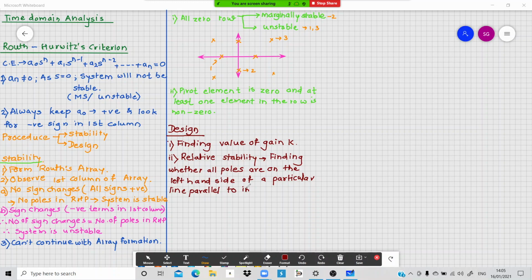See, why are we talking about this? If you are talking about this line parallel to the imaginary axis, what this line indicates is zeta omega n. And we had seen this x coordinate is zeta omega n, which indicates the settling time. 4 upon zeta omega n will give you the settling time. So all the points on the left hand side will have a settling time less than 4 upon zeta omega n, this x coordinate that you have.